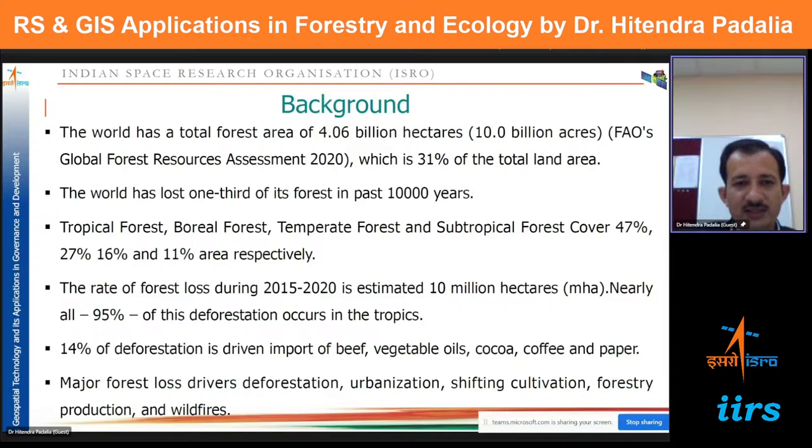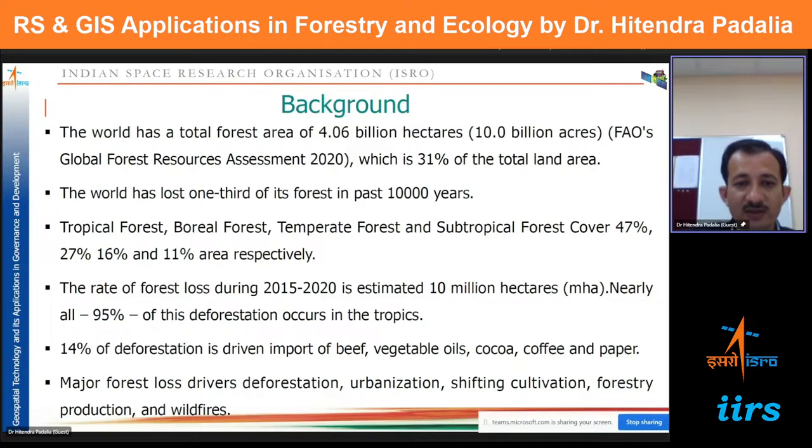The cause of worry today is that, although we talk a lot about climate change, in the case of forestry and ecology, it is a biological system, and the maximum threat today is still from deforestation because forests are being lost. Apart from that, biological invasion, invasive species are causing a lot of problems across countries.